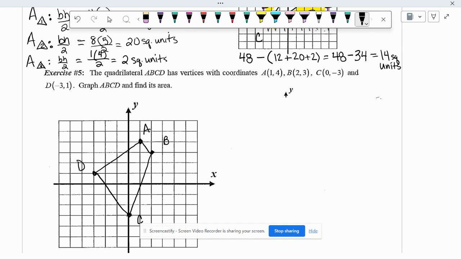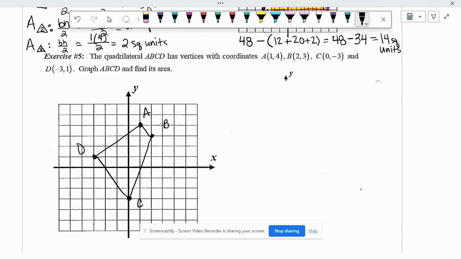Again, we want to turn this into what shape? Actually, if we turn it into a rectangle, it should be pretty quick. Let's turn it into a rectangle. This is my rectangle in pink.